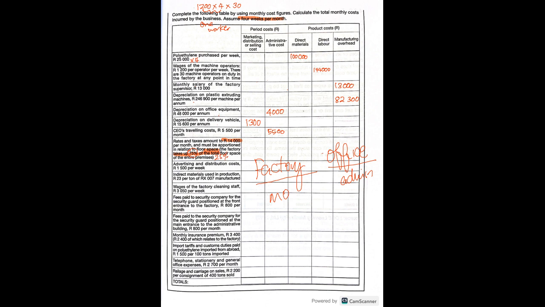So please make note of that. If 75% is for the factory, then the remaining 25% is for the office.